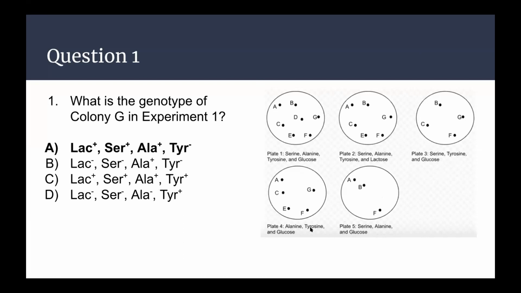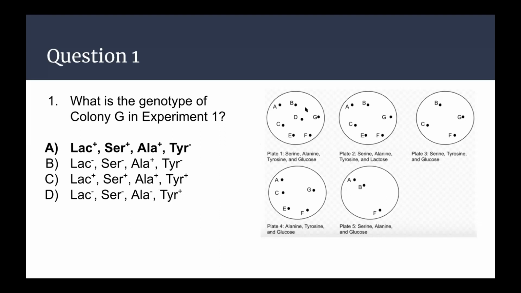So it's missing this amino acid tyrosine. And if tyrosine is not given on the plate, like in plate 5, that means it's not synthesizing tyrosine on its own. So therefore, it either needs to synthesize tyrosine on its own by getting this gene through conjugation, for example, or tyrosine should be supplemented to the media for it to grow. Does that make sense? Yeah, that makes sense.